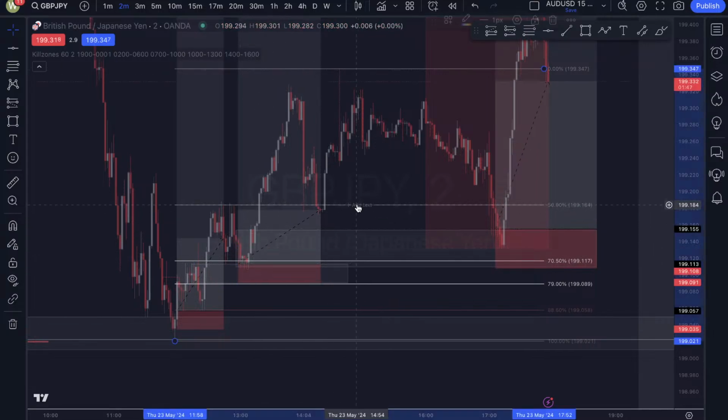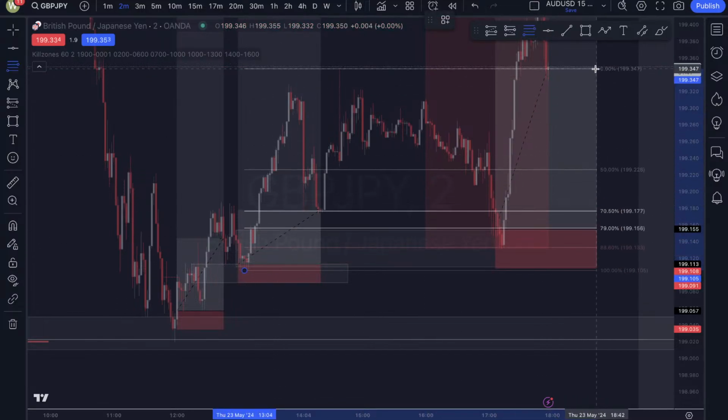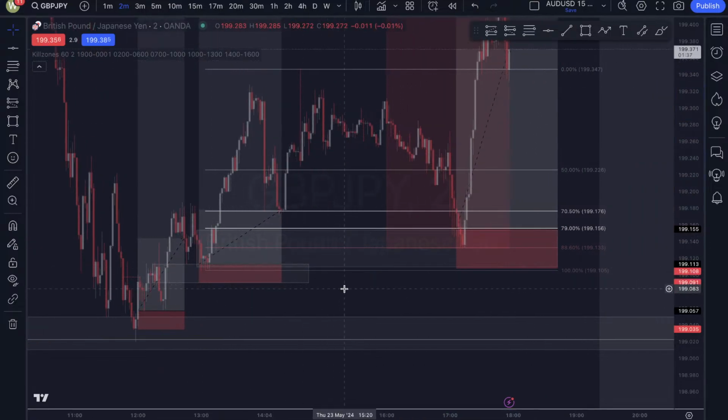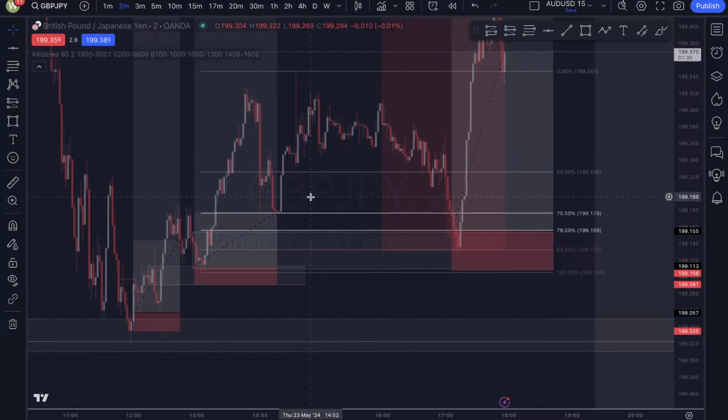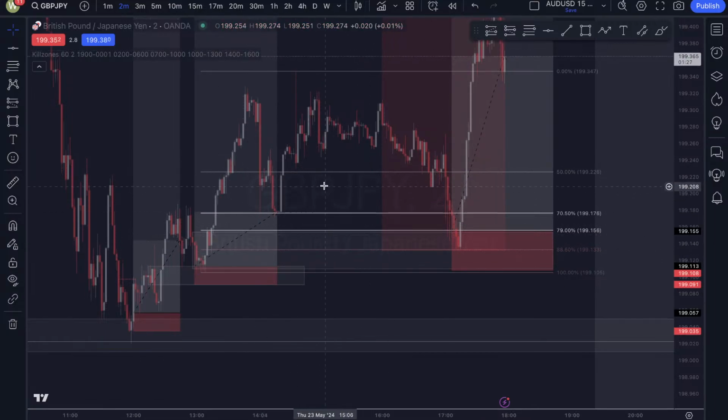Now that we're in a new range, we're messing with a whole new range. Now we have this whole area of imbalance. We can see that anything at this level is just liquidity, and at these levels it's actually a discounted price that would be very valid for a buy up from there.